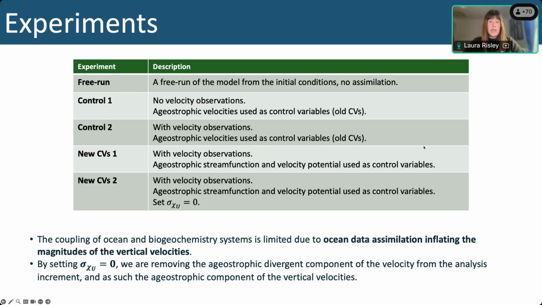And so the theory is that by setting the standard deviation equal to 0, we are removing the ageostrophic divergent component of the velocity from the analysis increment, and as such would be removing the ageostrophic component of the vertical velocities. And so overall, we would hope to reduce the magnitude of these vertical motions.